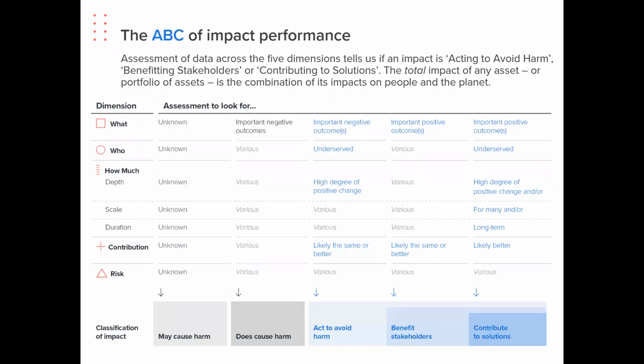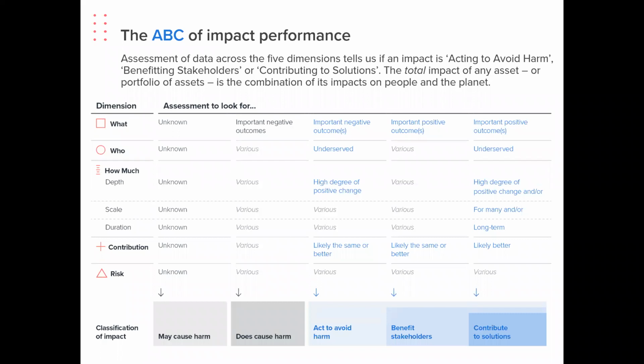And what this slide does is it provides a way to translate from the building blocks of the 5 dimensions of impact into these broader categories. So, starting from the left, you can see the may cause harm or does cause harm. And then in the middle, acts to avoid harm. These would be reducing important negative outcomes, where what you're doing is likely the same or better than what would have happened otherwise, right?